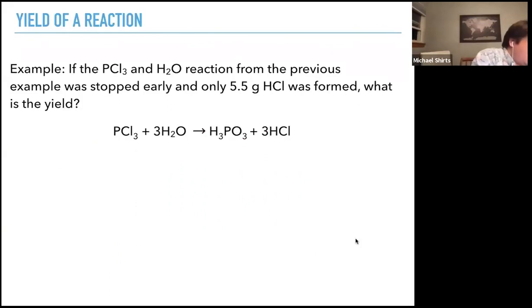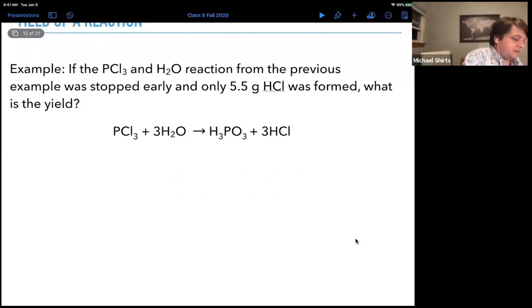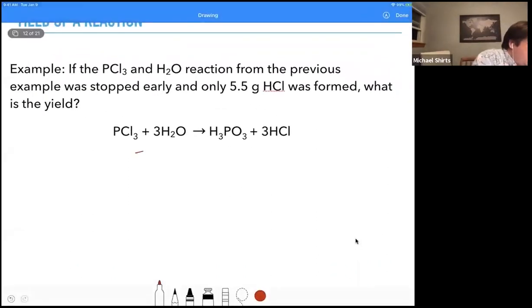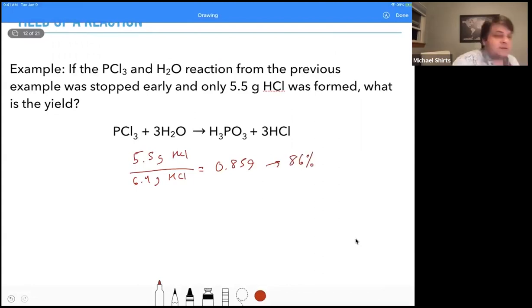We just take the number of grams that was produced, 5.5 grams of HCl, divided by the theoretical yield, 6.4 grams of HCl, and that gives us 0.859, which is an 86% yield. Percent yield is as simple as that. Usually the only problem is you need to figure out the theoretical yield before you can figure out the percent yield, once you're given the amount actually produced from the previous example.